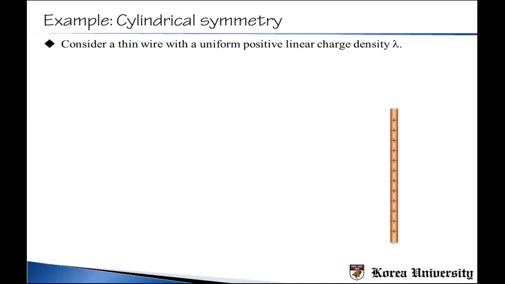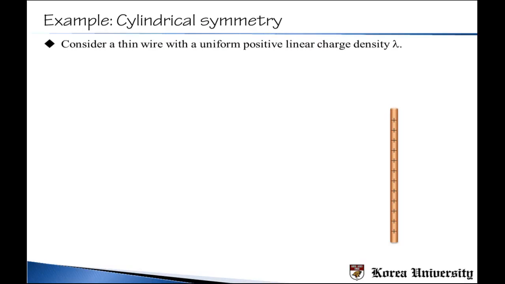Before we end, let me quickly show you another example, which is the infinitely long wire, actually the insulating wire, charged with linear charge density lambda. So lambda will be charge divided by the length. Let's again try to use the Gauss law.